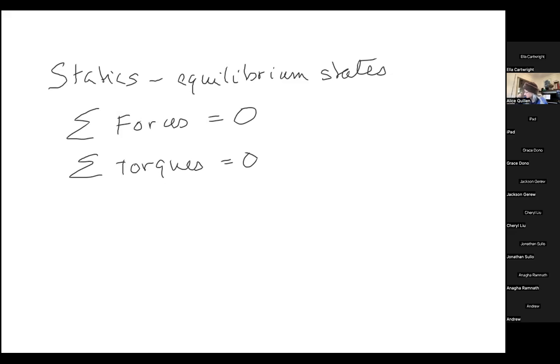I was right in the middle of this example, so let me set up the example again. You've got these two scales, and then you put this beam on it, and we care about the mass of the beam. The mass of the beam is mg, and I'm assuming it's a uniform density beam. So you apply the force from gravity at the center of mass of the beam.